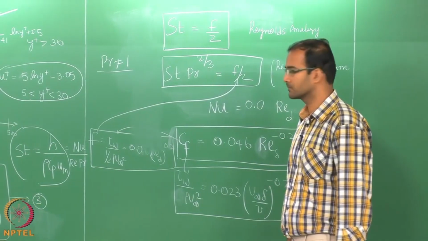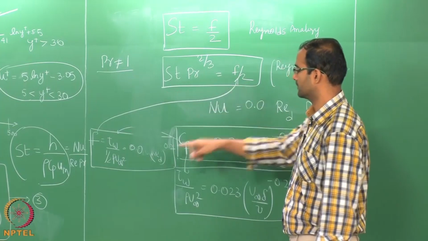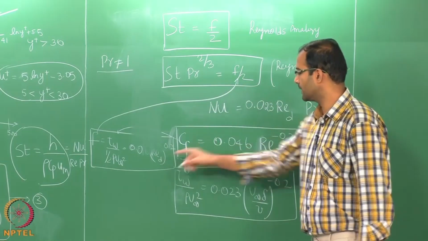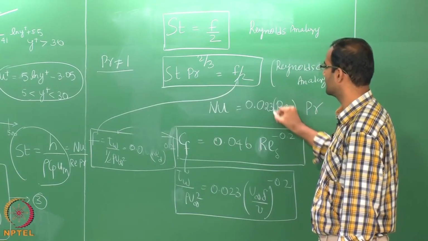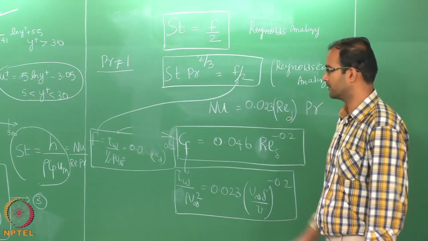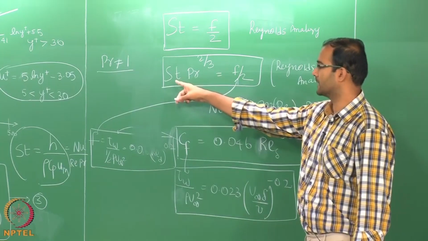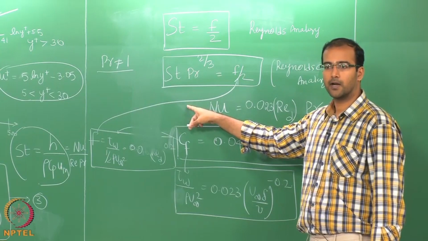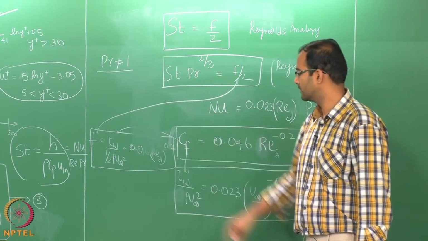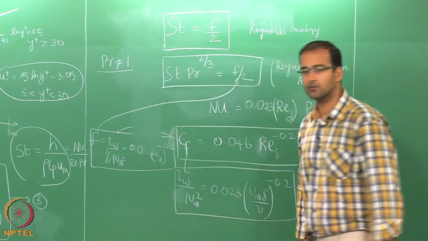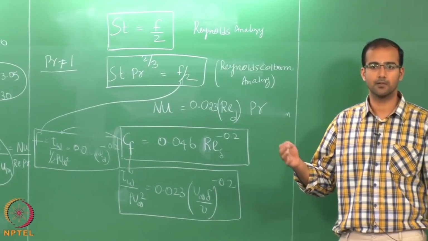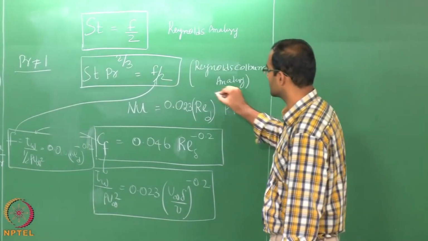I am just substituting directly for f. I have Re_D to the power 0.2, but the Stanton number is the Nusselt number by Re Pr. So I have minus 0.2 into 0.8, into the Reynolds number, so it will be Re to the power 0.8.